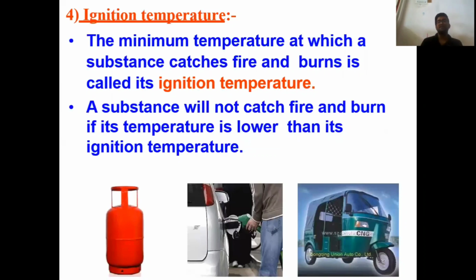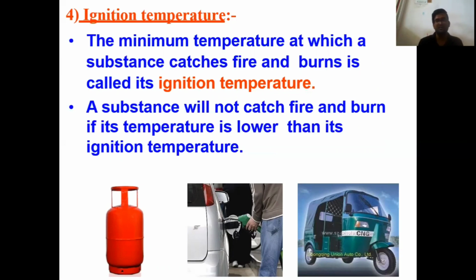Students, what next is also compulsory for burning or combustion? It is ignition temperature. The minimum temperature at which a substance catches fire and burns is called its ignition temperature. A substance will not catch fire and burn if its temperature is lower than its ignition temperature.